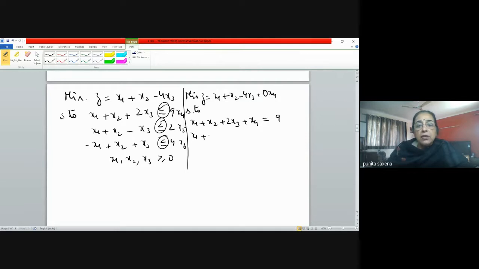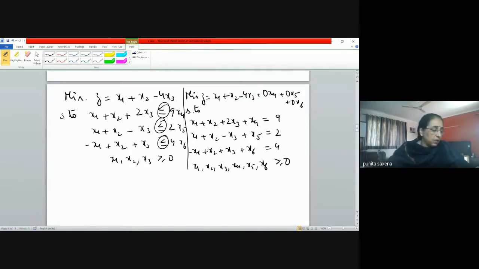Then x1 plus x2 minus x3 plus x5 equal to 2 and a 0x5 here. And then minus x1 plus x2 plus x3 plus x6 equal to 4 plus a 0x6 here, and x1, x2, x3, x4, x5, x6 all more than or equal to 0.